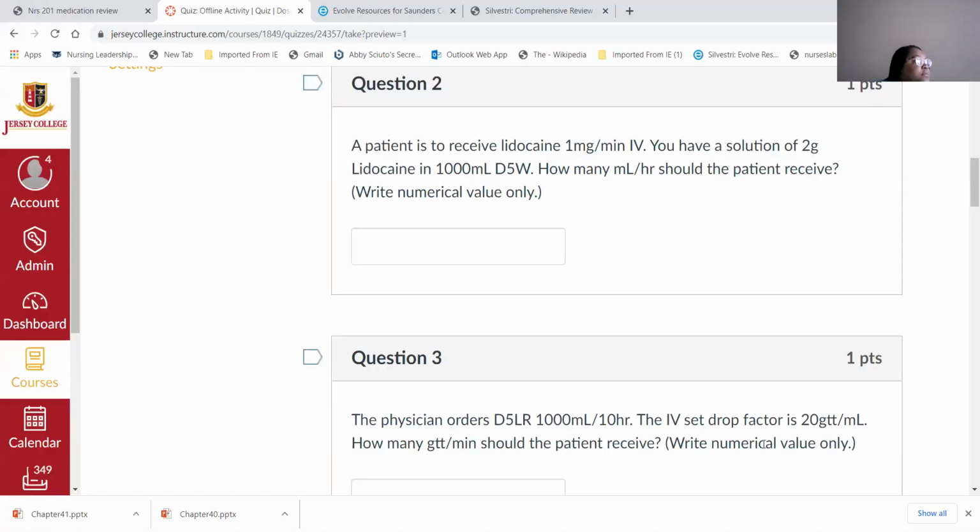It's asking us, the order is, I have to look at the order again. 1 milligram per minute is the order. And on hand, we have 2 grams in 1,000 mLs, and it's asking us for mLs per hour, okay?